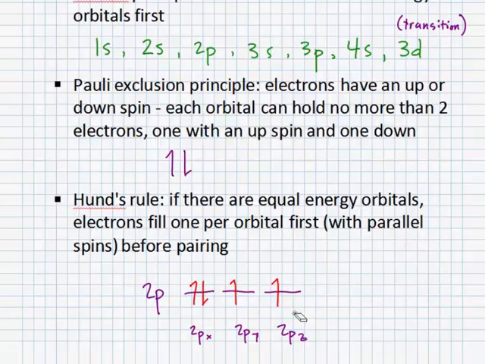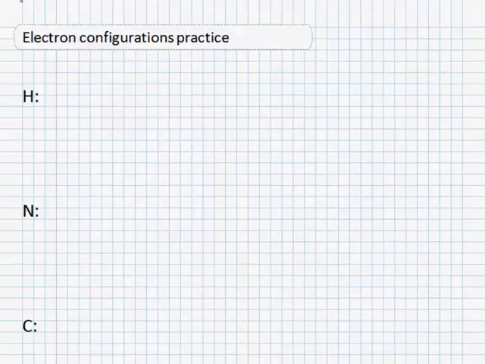Right? So let's just do a little practice with writing electron configurations based on those 3 principles. So hydrogen, very first element on the periodic table, hydrogen just has 1 electron. So let's do the Aufbau principle. We start with just the very lowest energy orbital available.